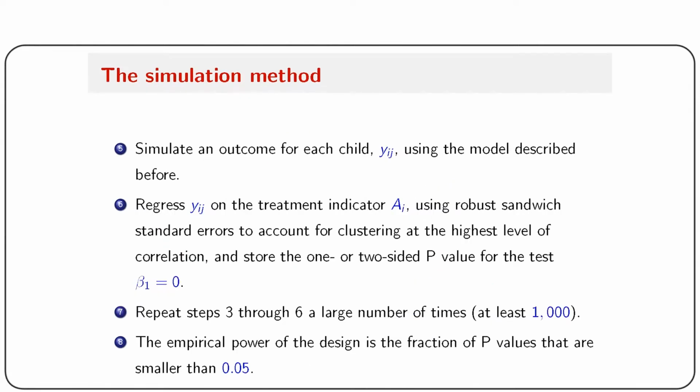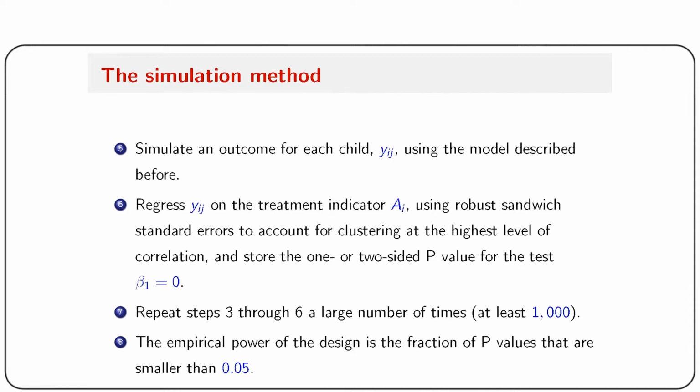Then simulate an outcome for each child Yij using the model described before. Then regress Yij on the treatment indicator Ai using the robust sandwich standard error to account for clustering at the highest level of correlation, and store the one or two sided p-value for the test beta 1 equals 0.